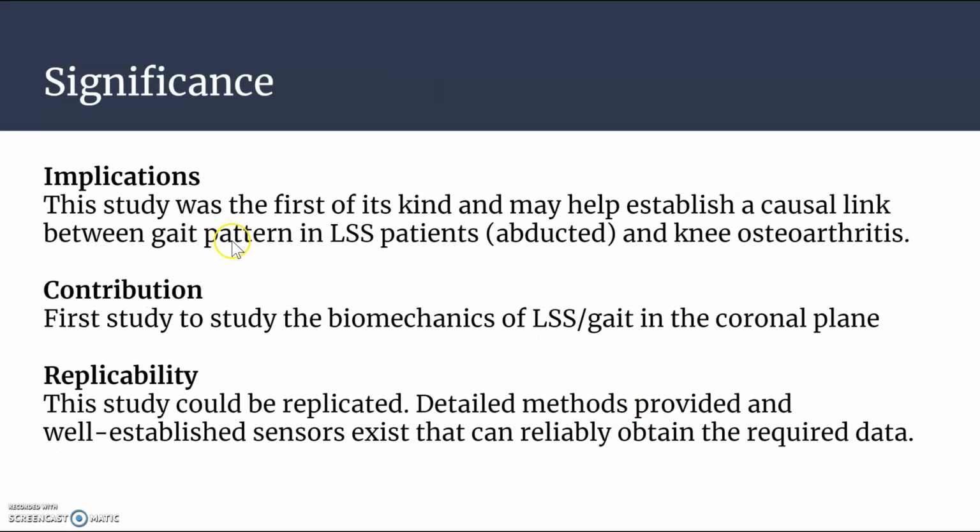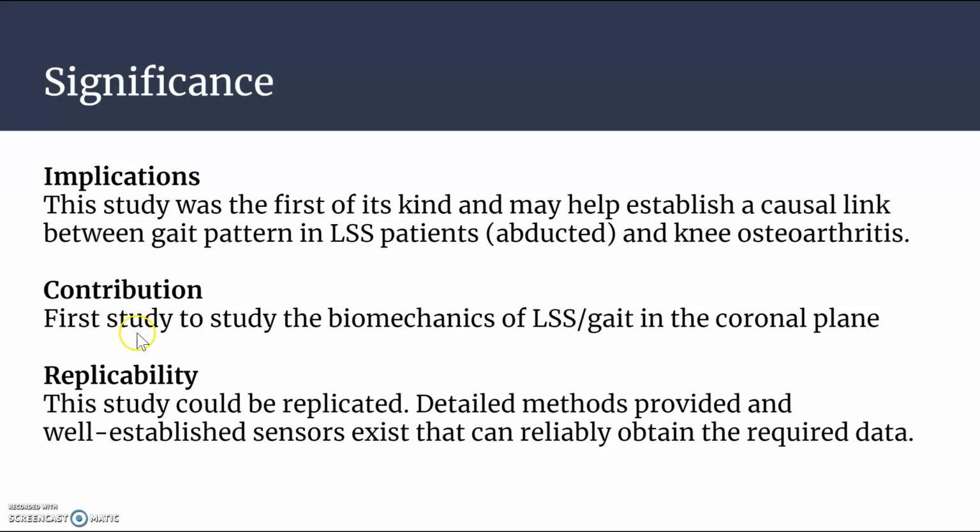And then finally, as far as the significance goes, here are some implications. It is the first of its kind, specifically with its studies in the coronal plane, and may help establish a causal link between gait pattern in LSS patients, so the abducted gait, and knee osteoarthritis. So back to that free body diagram type picture that I showed in the beginning of the presentation.